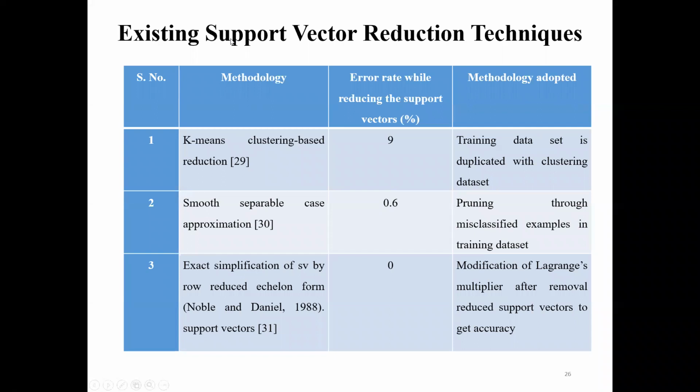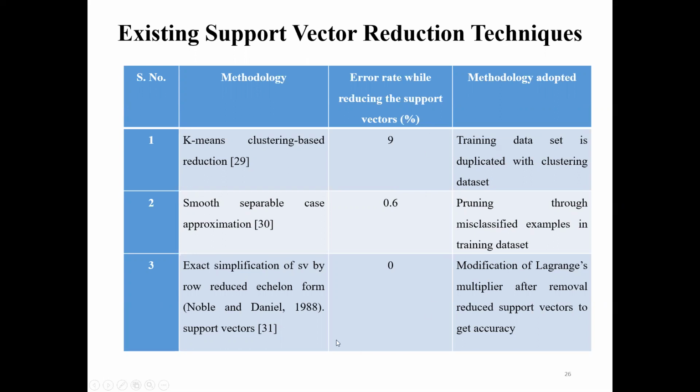As we reduce the number of support vectors, we may converge quickly and save more time. In this tabular form, all the existing support vector reduction techniques are tabulated, and the error rate while reducing the support vectors is shown.